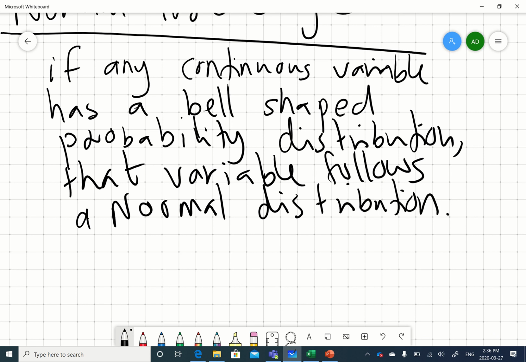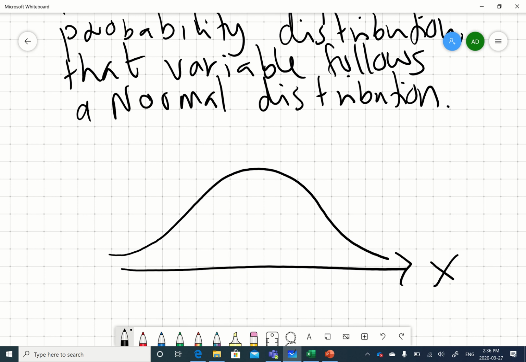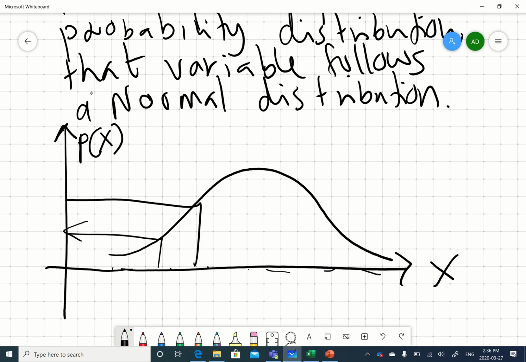If your variable x, whichever it is, follows a normal distribution, it must have a probability curve of this shape. On the x-axis you have all the possible values, and on the y-axis you read the probabilities.